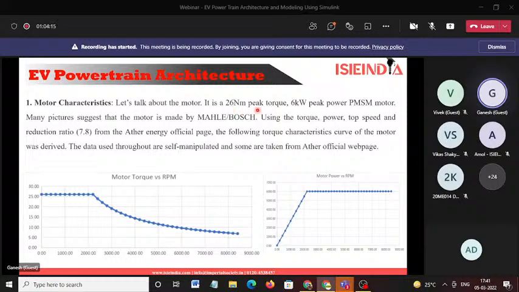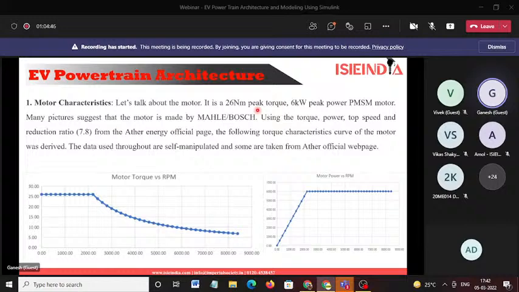We have to see whether you can design your motor in the particular space or not. Right now in the industry, nobody is familiar with which kind of motors to use, though many companies have started in-house motor development. Mostly, even Tata Nexon used an outsourced motor, and even Ather used an outsourced motor.